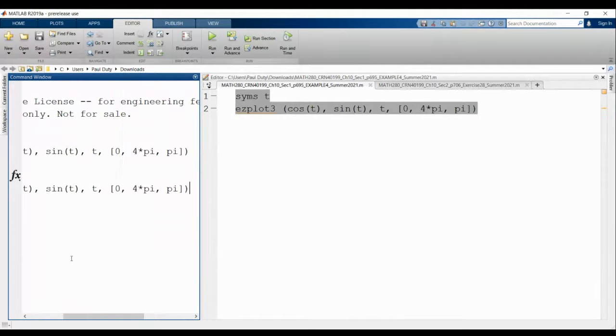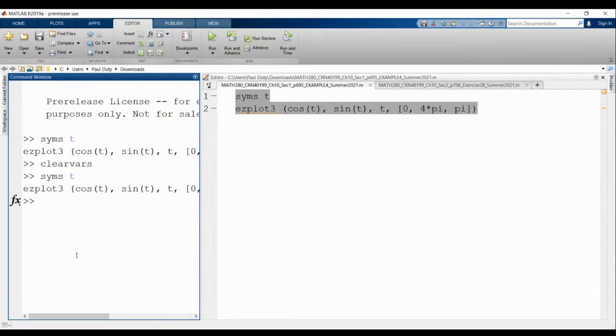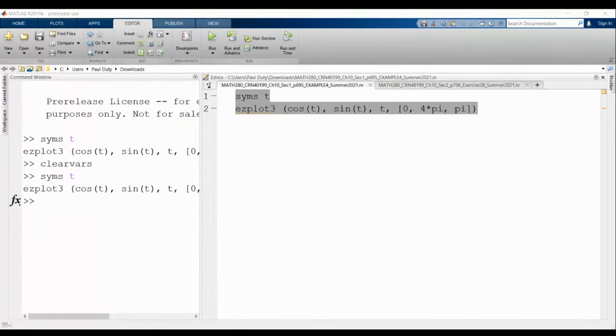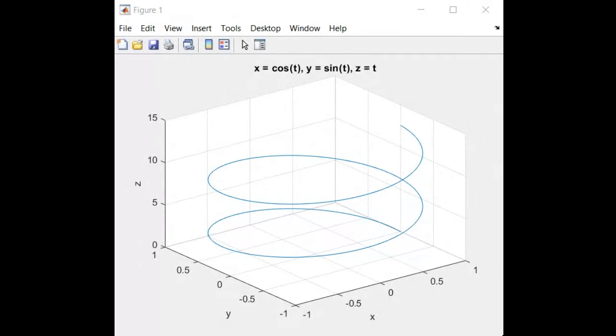I'll copy and paste the code again, so old stored variables don't interfere. When you copy and paste, you should get a figure. If you're doing it with me, which I hope you are, who is getting a helical figure, getting a helix?